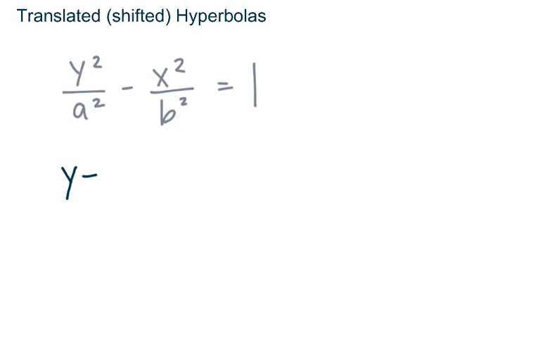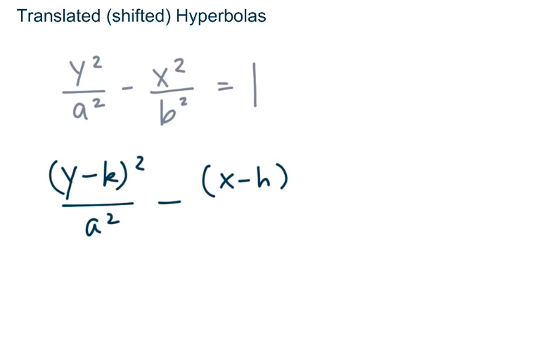So that would be (y minus k) squared over a squared, minus (x minus h) squared over b squared, equals 1. So we might look at this and go, okay, well, there's my center, h, k. I've seen that mistake happen. So remember, h is always with x, the x coordinate of my center, and k is always with y.